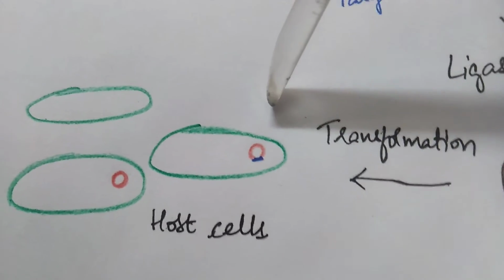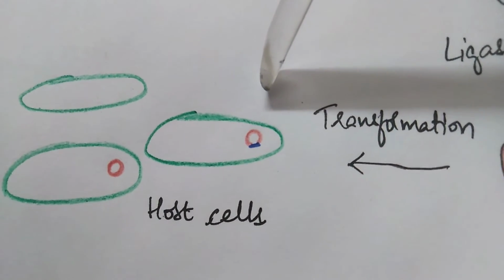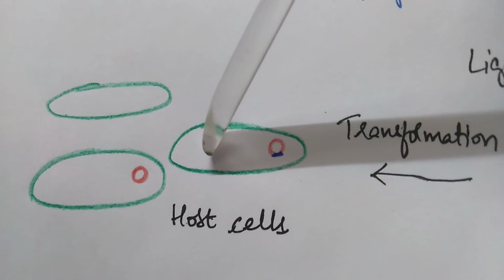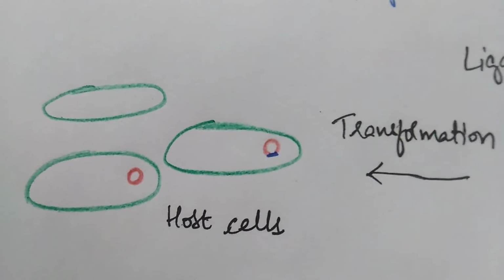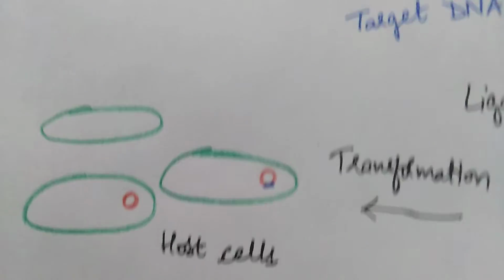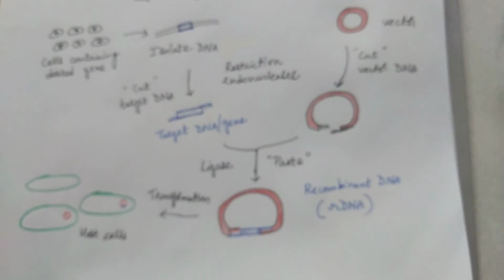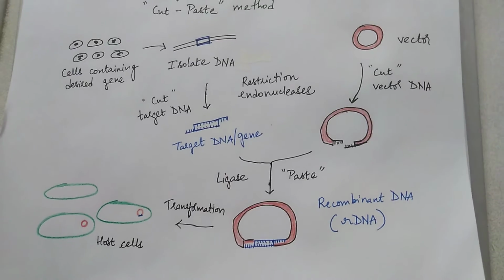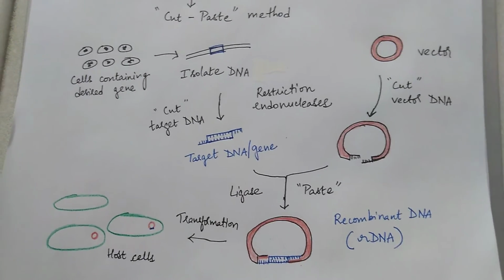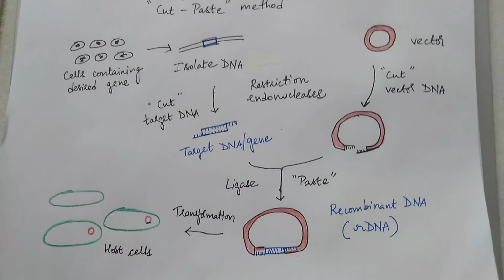Once transformation is successful and we have the rDNA molecule inside the host cell, we have to culture the host cells and then we can obtain our gene of interest from it. So this is an overview of gene cloning, and we will discuss each step in detail in subsequent lectures.